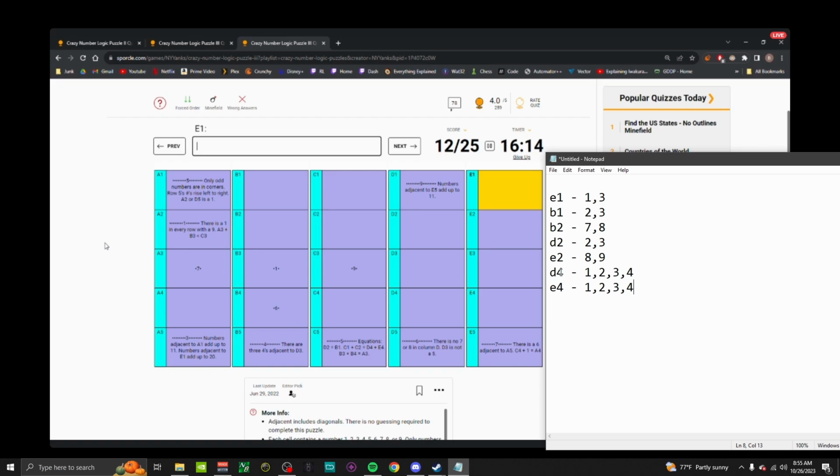Although we do know more about D4 now, because C1 and C2 equal D4 and E4. So that means they also have to be 1, 2, 3, 4, right? C1 plus C2 equals 5, because D4 and E4 have to add up to 11 with 6.